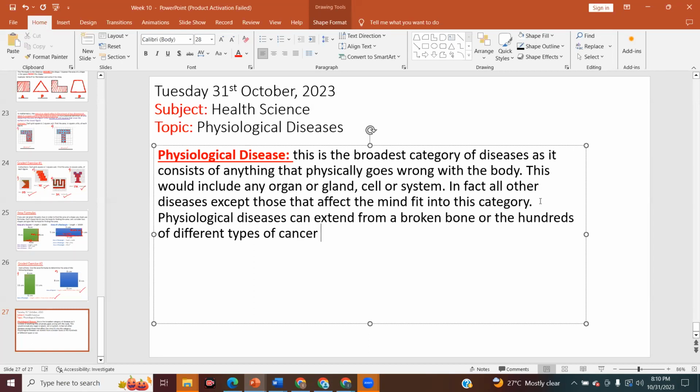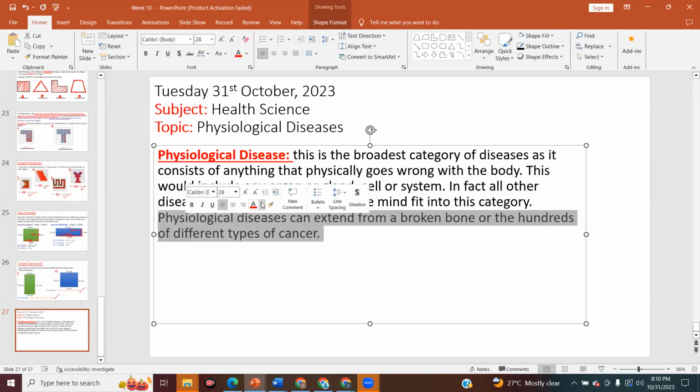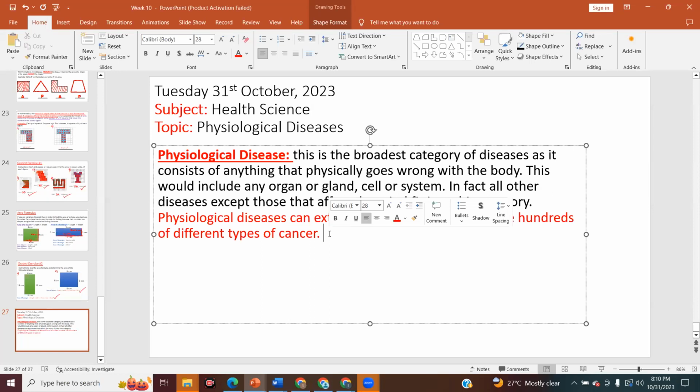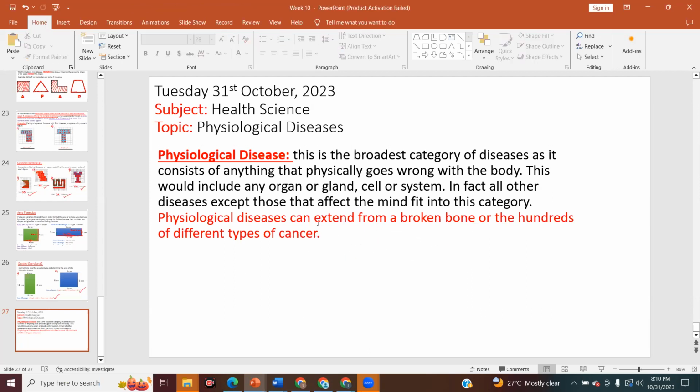Anyone ever heard about cancer before? Right? Yes, sir. So cancer is a physiological disease, right? So someone has cancer, that's one of the diseases that is termed a physiological disease.